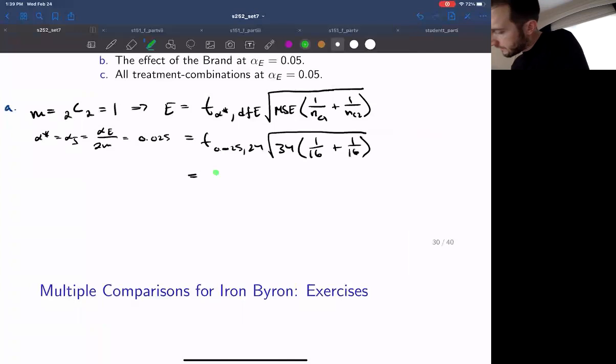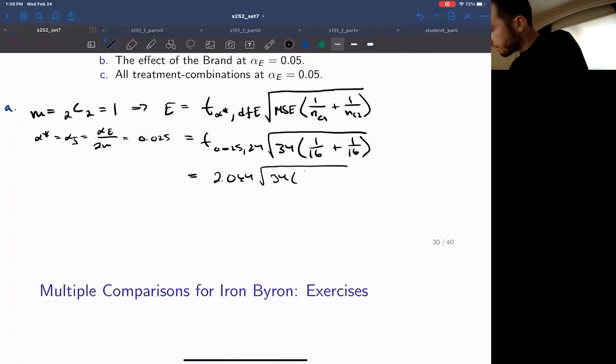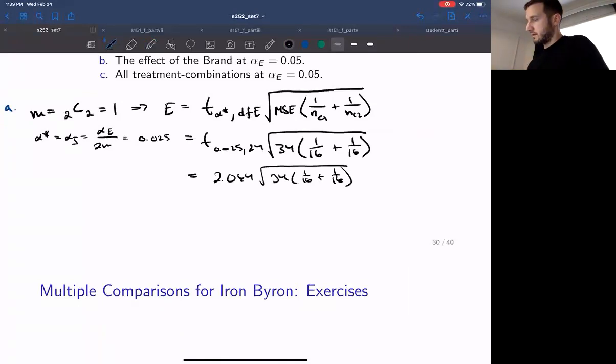Okay, so we would have 2.064 multiplied by the square root of 34 times 1 over 16 plus 1 over 16, and that gives us 4.255.